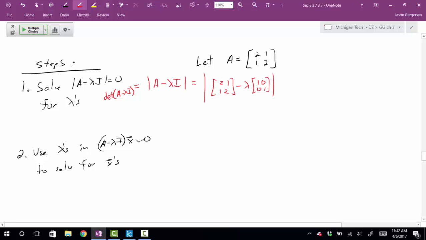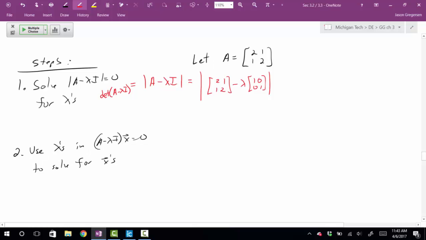But what happens when I multiply that identity matrix by lambda? I just get lambda on the diagonals, right? And then if I take this one and subtract a matrix that just has lambdas on the diagonals, the net effect is just subtracting lambda on the diagonals. So I'm not going to write that in-between step anymore. When I see A minus lambda I, I am just going to subtract lambdas on the diagonal. I just want to show you once to make sure you see why A minus lambda I is what it is.